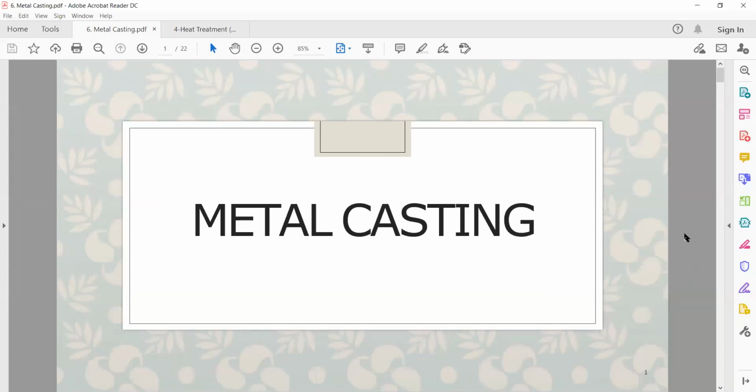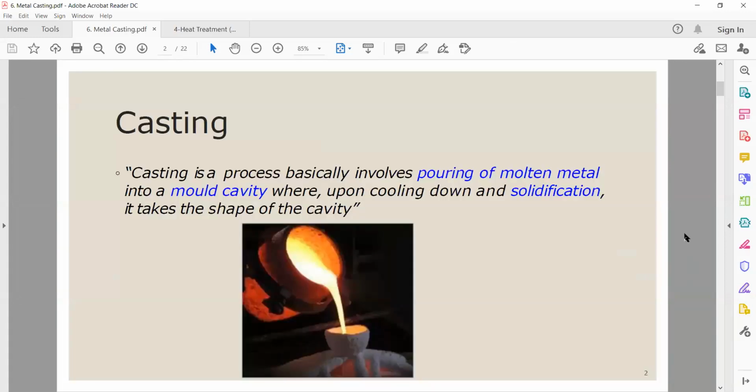so this is another type of manufacturing process, metal casting. That means the casting process, right? What is the casting process? One thing, it is a manufacturing process, right? As you all know, it is one kind of manufacturing process.